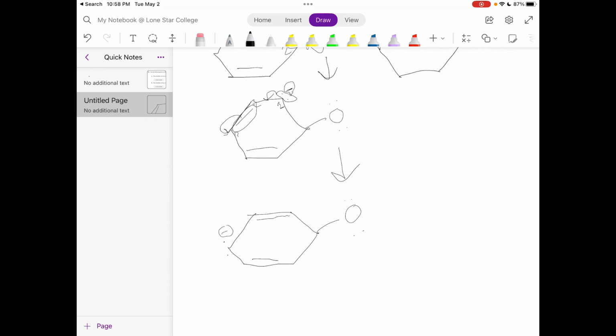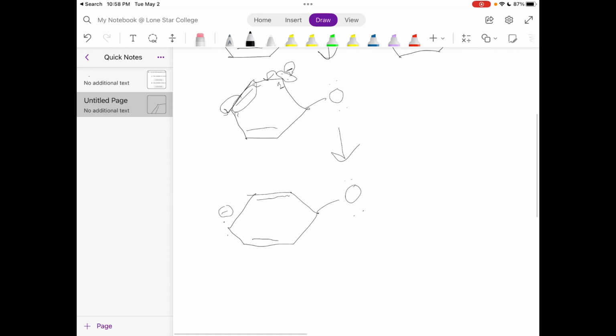So just do it again. Same exact thing. I could go back here and do a resonance here, but I can't do that. The reason being, it'll just take you back to the original structure. You want to keep moving forward when working with the resonance. 1, 2, 3.